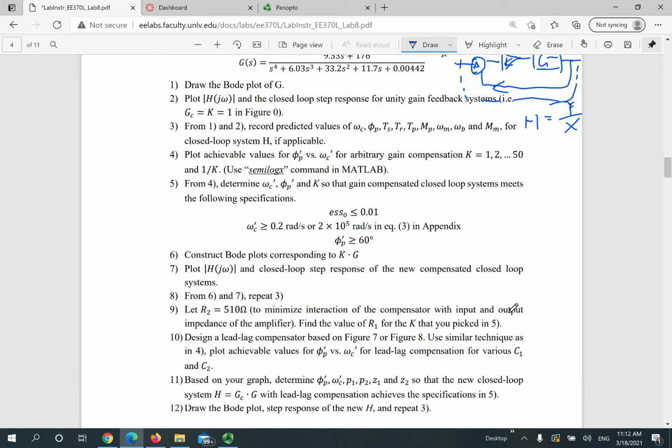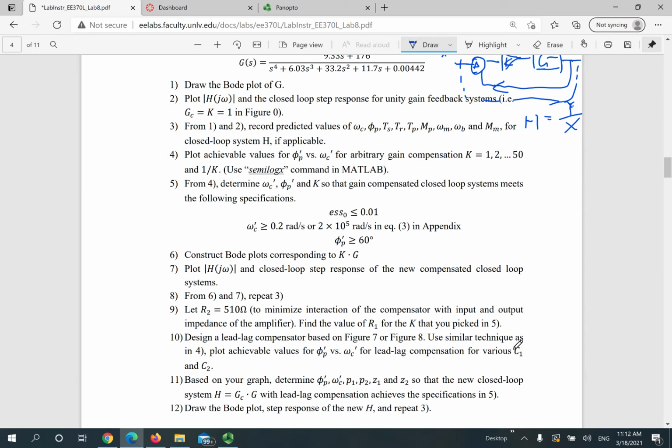Not from 1 to 50, but you can set up a certain range for C1 and C2 and see if you can make a lead-lag compensator to make the system stable and also meet this requirement.